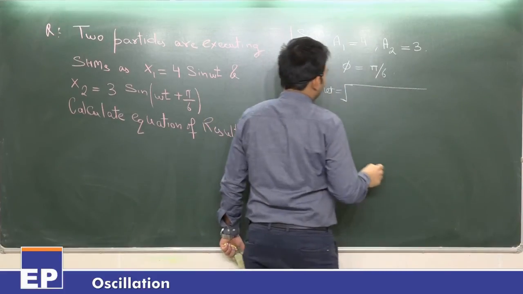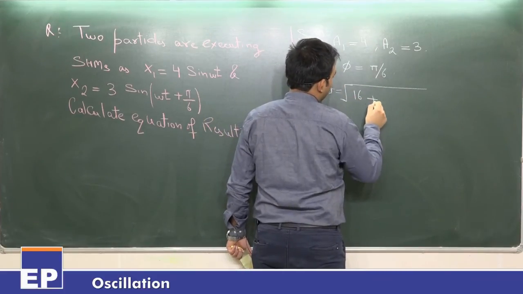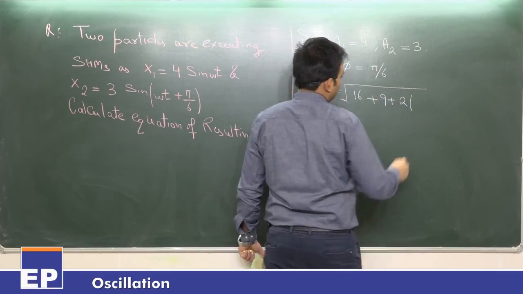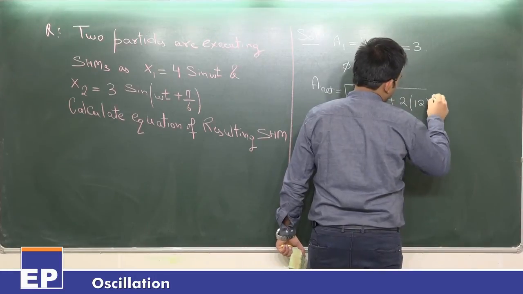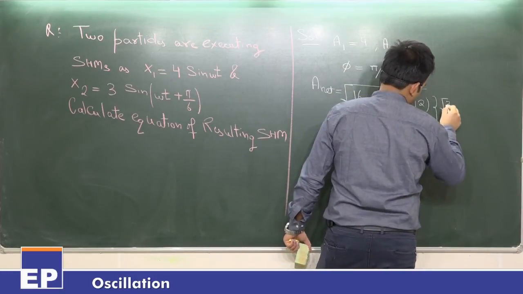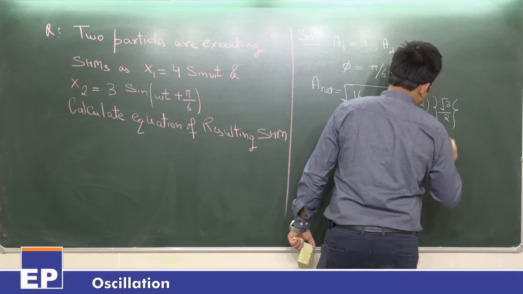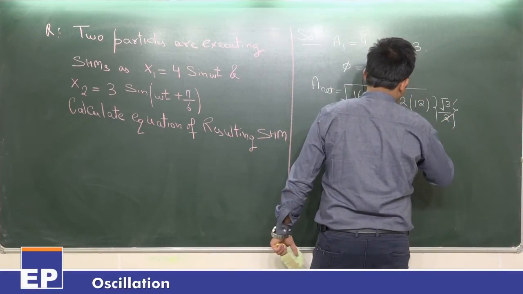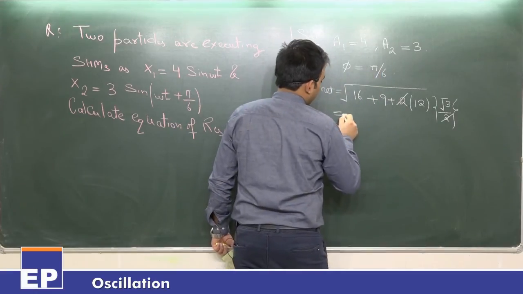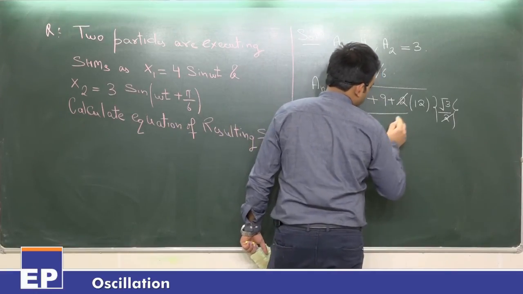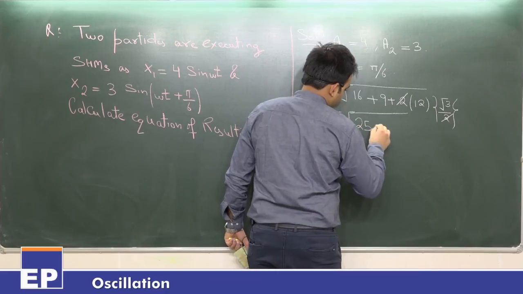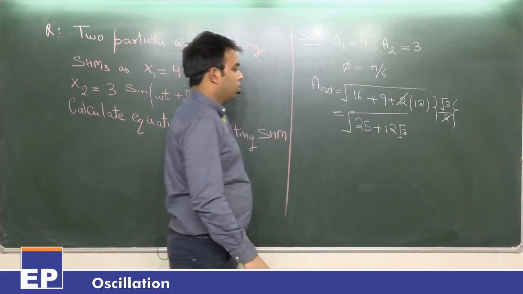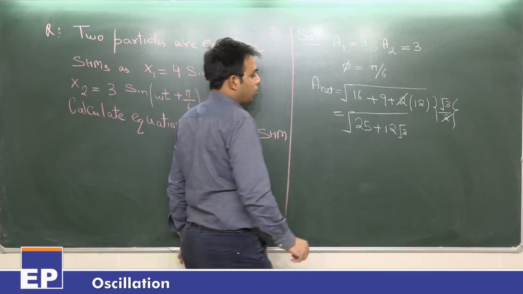Under root of A1 square 16 plus A2 square 9 plus 2 A1 A2, 12, cos pi by 6, root 3 by 2. This 2 and 2 will cancel out. So it is 25 plus 12 root 3. This is the amplitude. Root 3 is 1.73.